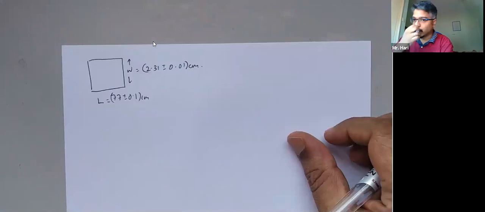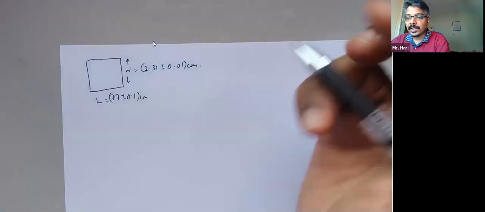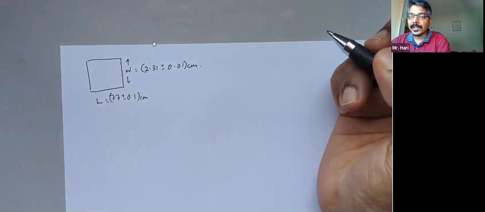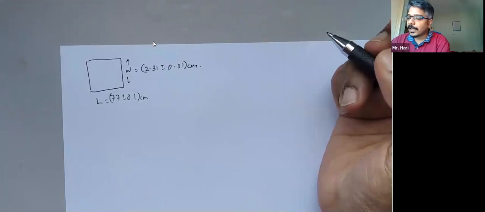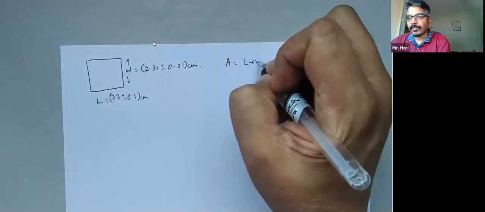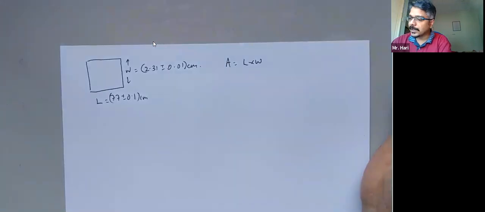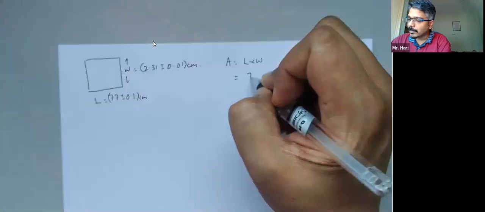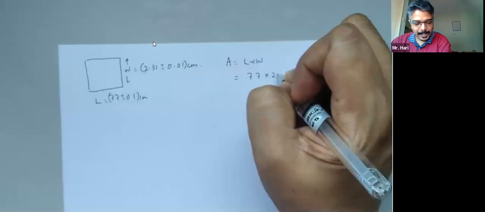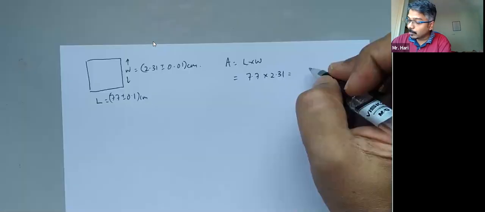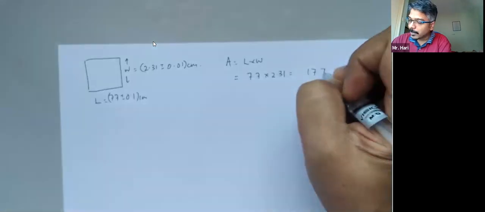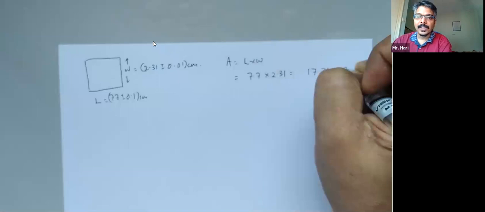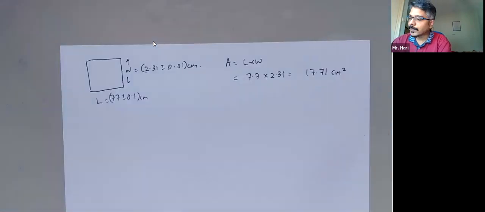So I'm going to show you the standard technique or steps to find the area, where length times width, and how do we find the absolute uncertainty, right? So in this case, the length is 7.7 times 2.31, so you will get 17.71 centimeters squared. I'm going to leave the answer in centimeters squared.